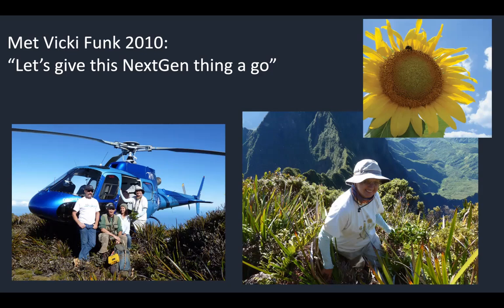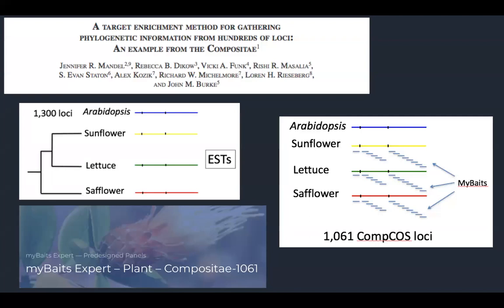She knew that it had the potential for resolving some of the relationships in the family. So I'm not sure if she said this, but for sure she meant, let's give this next gen thing a go. So we did.